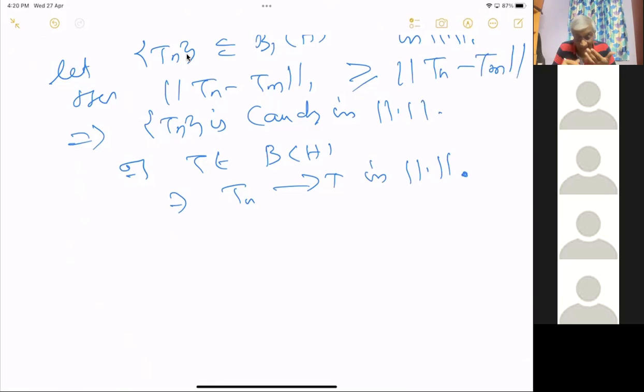As we have done in the earlier case of Hilbert-Schmidt operators, to prove their completeness we approximated using finite rank operators. So let P be a finite rank projection.